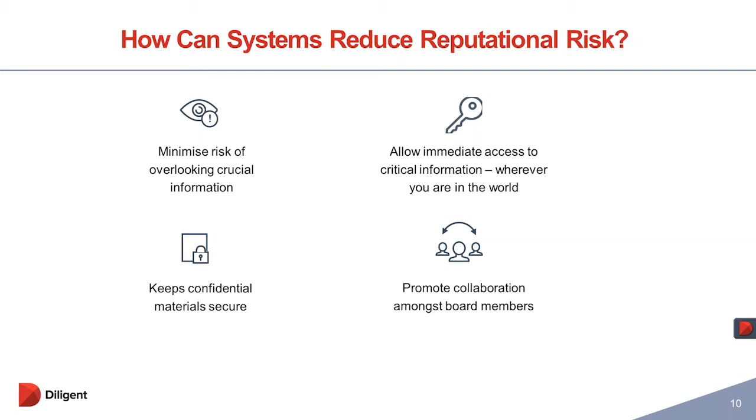Here are four requirements that you should look for in a system that would help reduce reputational risk. The first one is to minimize the risk of overlooking crucial information. You want a system where all the critical information is in place and easy for you to search for.